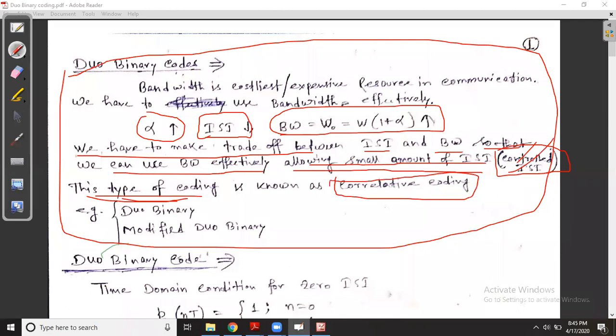This term is sometimes asked in the exam. Two or three different codings are there in your syllabus. I will discuss duobinary. This kind of pulse is generated by this kind of coding. So the duobinary pulse is the topic now.